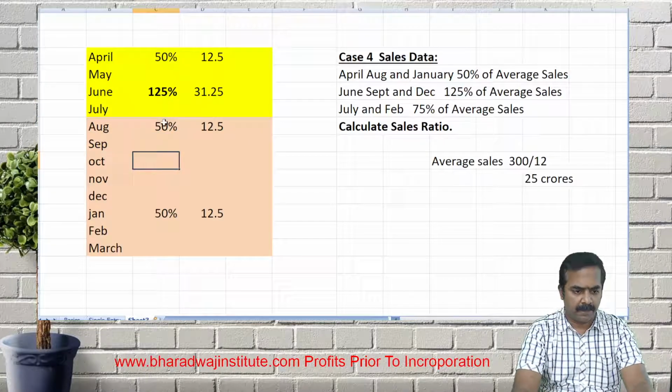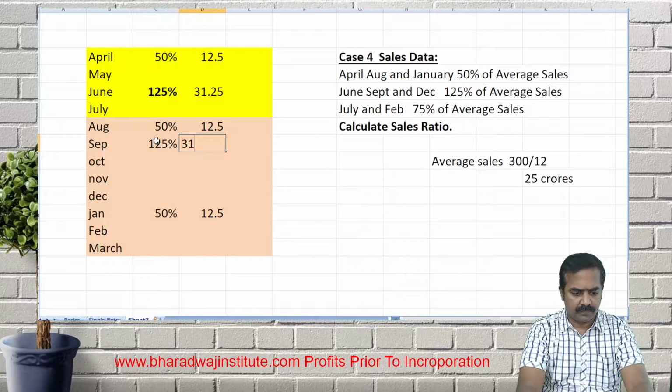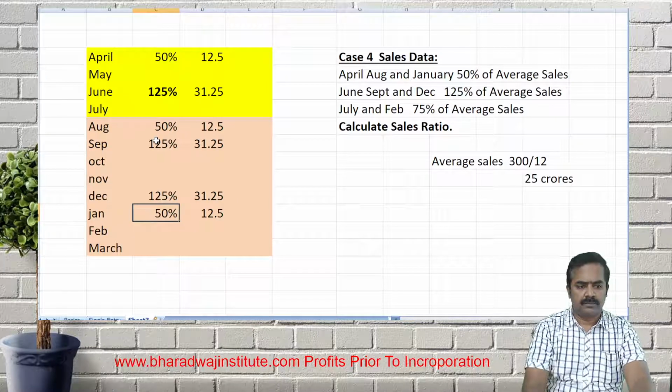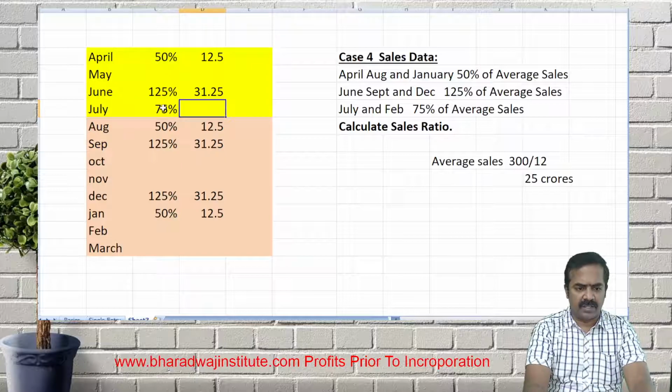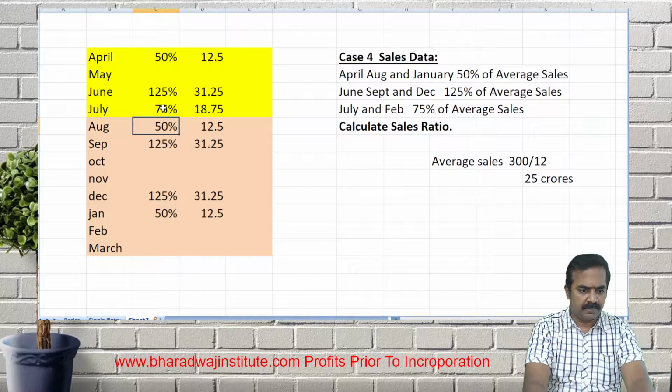June, September, then December, each is 31.25. July month, how much percentage have we given? 75% of average sales, that is 18.75.